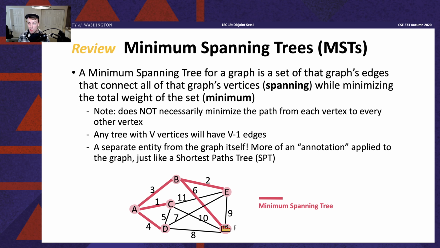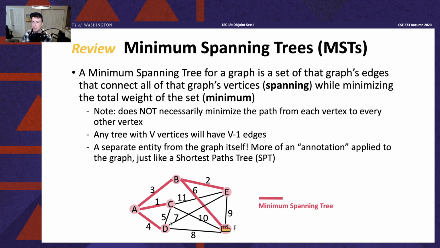So that's a total of 13. So it is not shorter than just taking a direct path from F to D, which is 8. But the idea is that we can connect the whole graph, and this subset of the edges has a minimum cost. It gets everything connected with the lowest cost, but it does not guarantee anything about shortest paths.